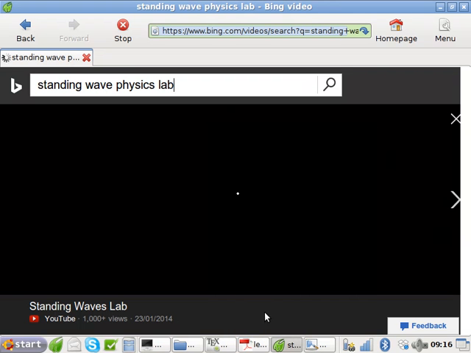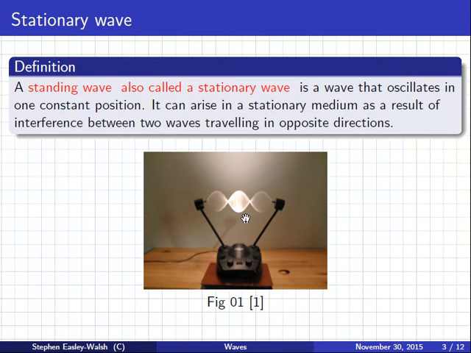We'll have to look at the video later, but you can use your imagination. With the string, it moves up and down like this. So this is a stationary wave.